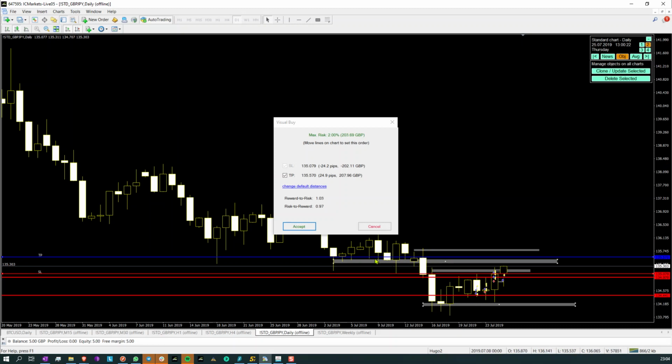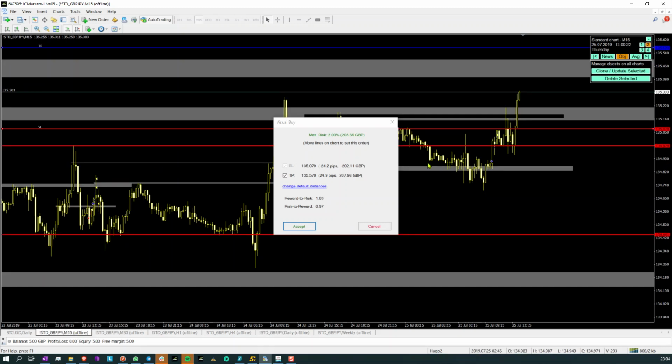But we might have some reaction in this gray zone. So let's see. I'll manage as we touch this zone here.